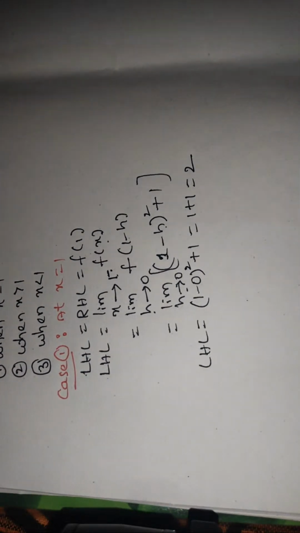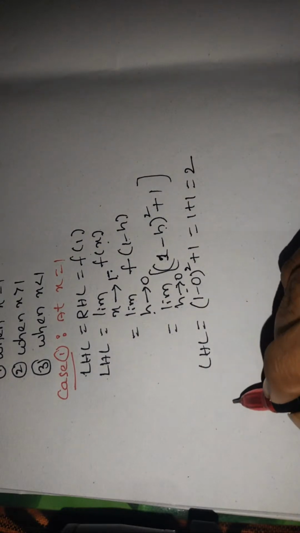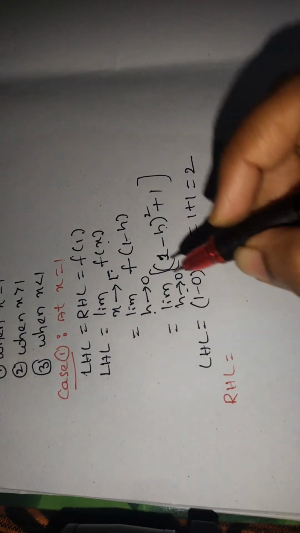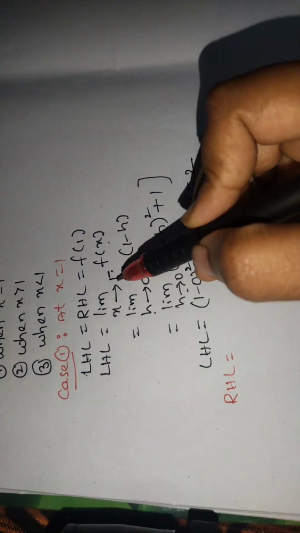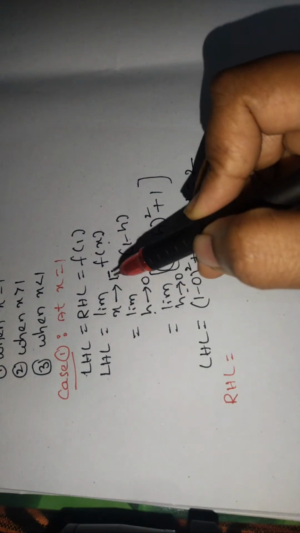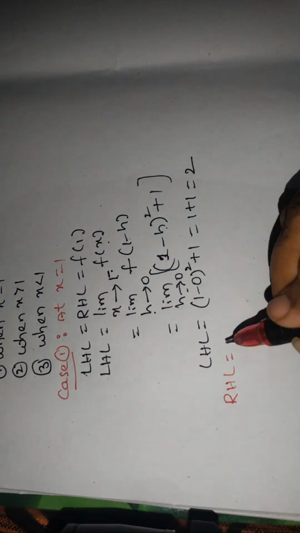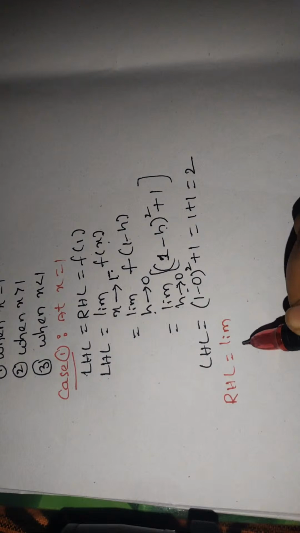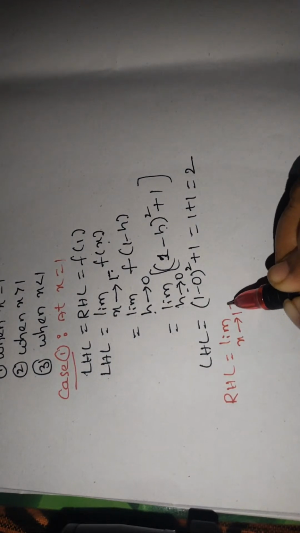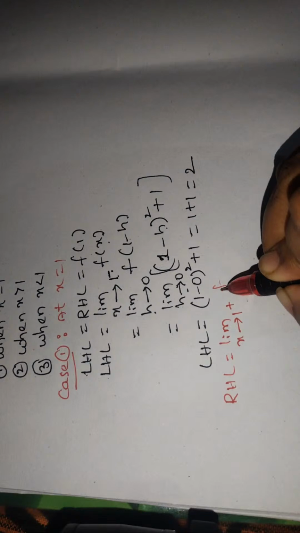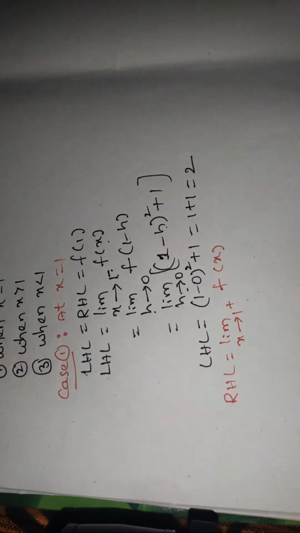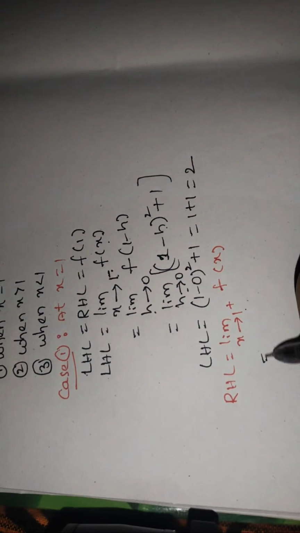Now let us take the RHL, the right hand limit of 1. Right side values are more than 1, so I will use 1 plus: limit x tends to 1 plus f of x. I replace x by 1 plus h, with h tends to 0.